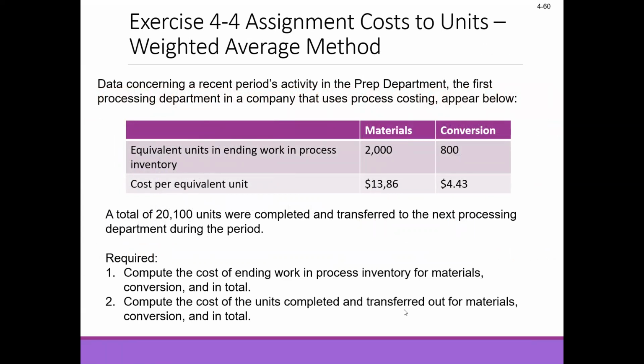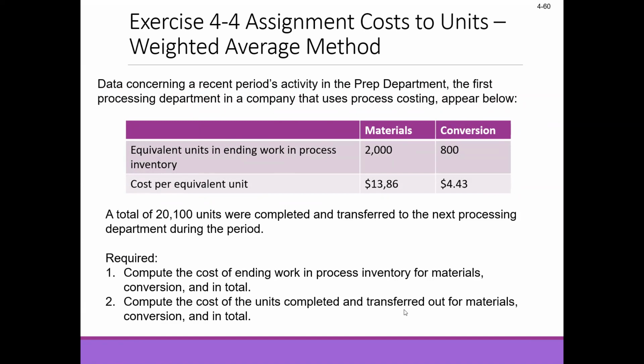Data concerning a recent period's activity in the prep department, the first processing department in a company, appear below. We have equivalent units in ending work in process inventory of 2,000 for materials, 800 for conversion. And we've got our cost per equivalent unit, $13.86 materials, $4.43 for conversion.